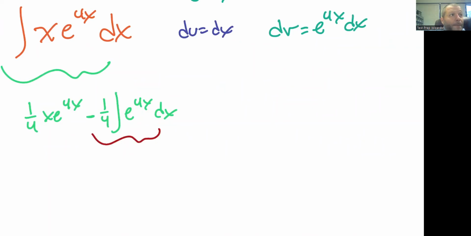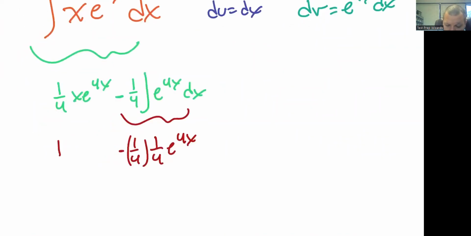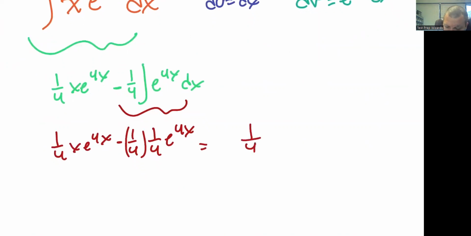So we're going to get e to the 4x is just 1/4 e to the 4x plus a constant, which we're not going to care about in a moment. So our antiderivative is going to be equal to 1/4 x e to the 4x minus 1/16 e to the 4x.